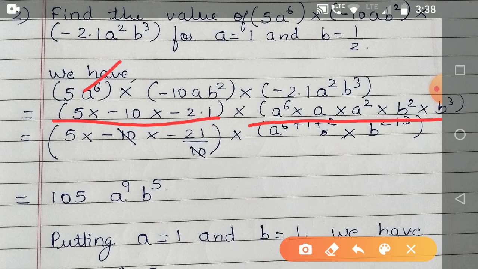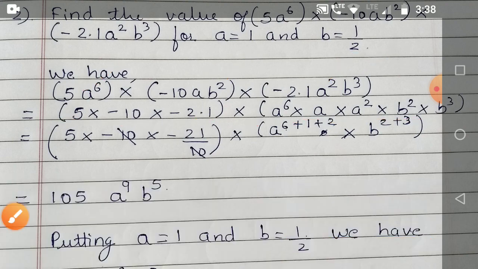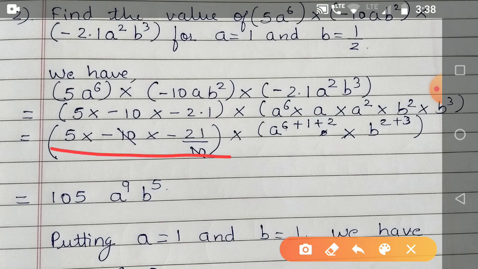So a raised to 6 into a square, that we have written, and then b square and b cube, that we have written. So now what we have is this equation, in which there is 2.1. So how will we write that? We'll write that as minus 21 by 10.